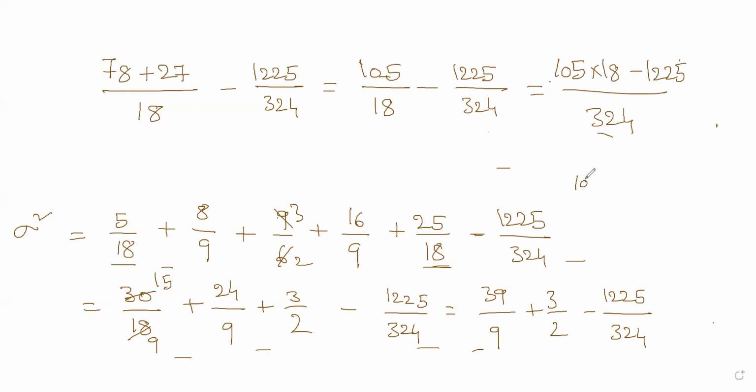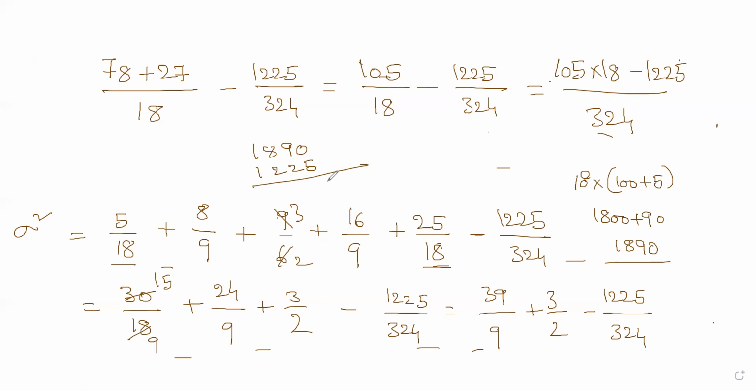See, 18 into 105, you can write it as 100 plus 5, right? It is 1800, 18 times 5 is 90. So it is simply 1890, right? Okay. So 1890 minus 1225, you can do this easily. 1890 minus 1225.